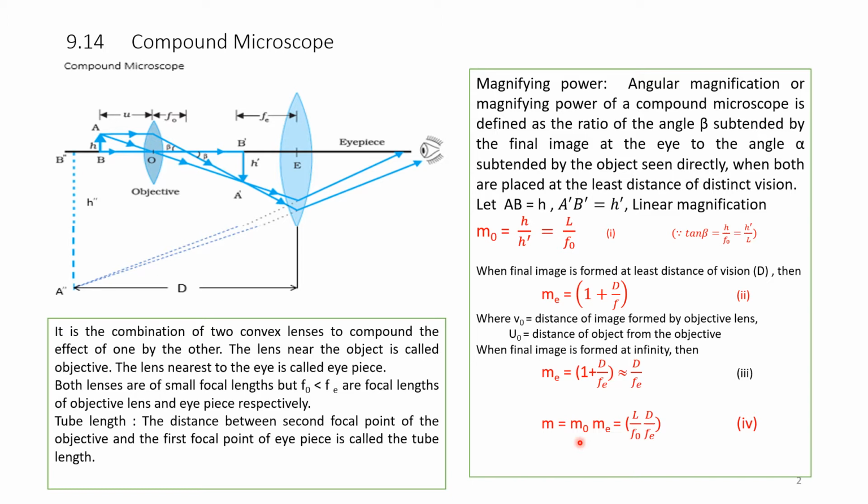So, combining these two, we get the magnification of the compound microscope as M naught into ME, that is equal to L by F naught into D by Fe. Let it be equation number 4. This is the magnification of the compound microscope.